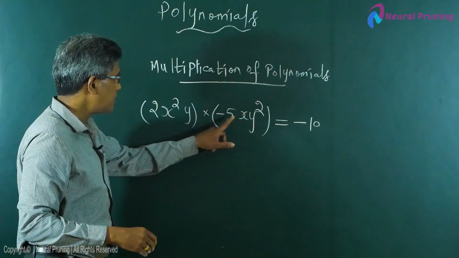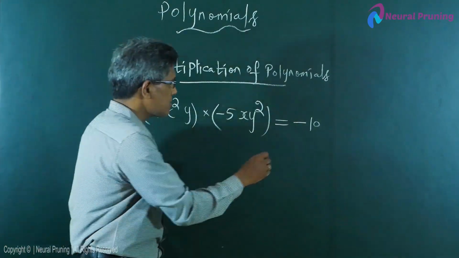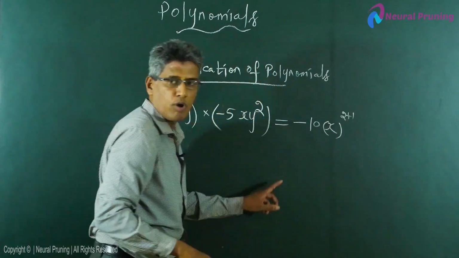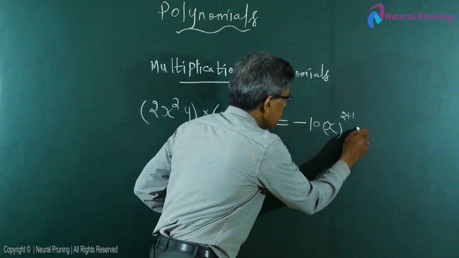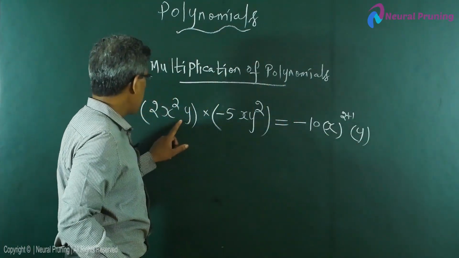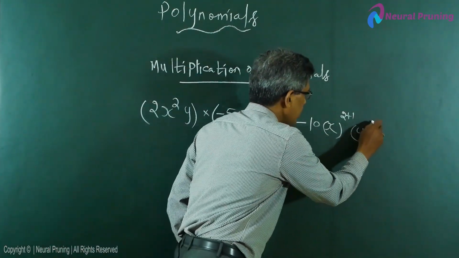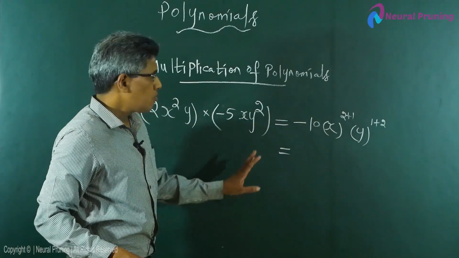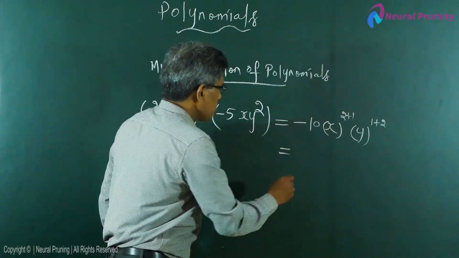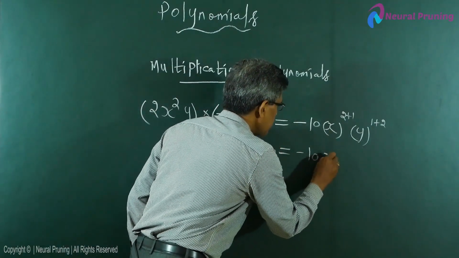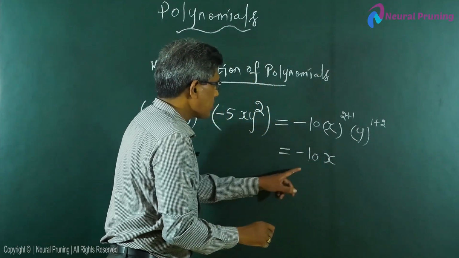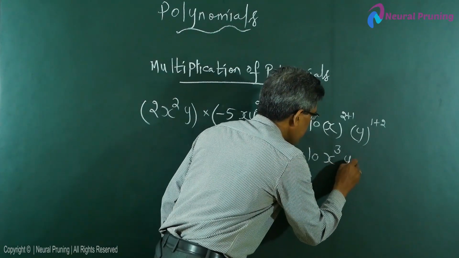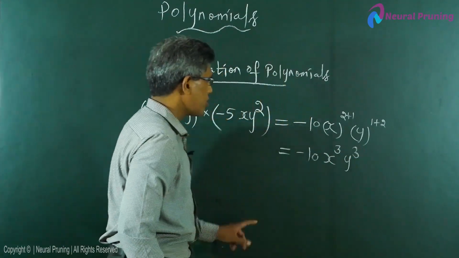x square multiplied with x is x raised to the power 2 plus 1, and y multiplied with y square is again a sum of powers. So when we simplify this, it becomes minus 10 into x raised to the power 3, followed by y raised to the power 3.